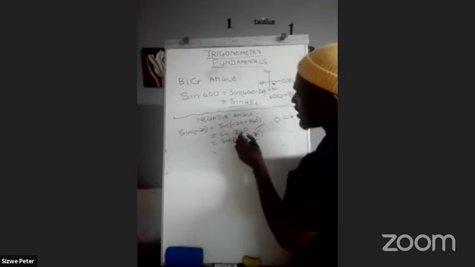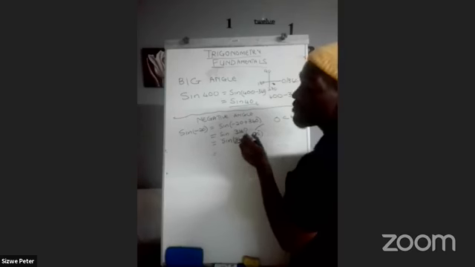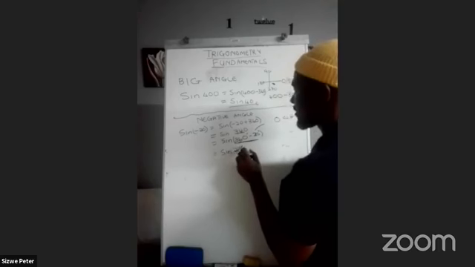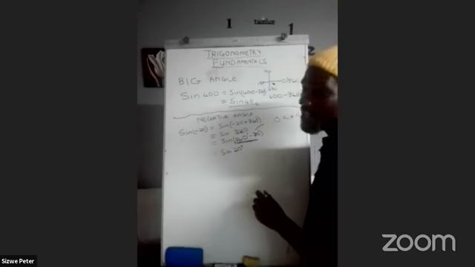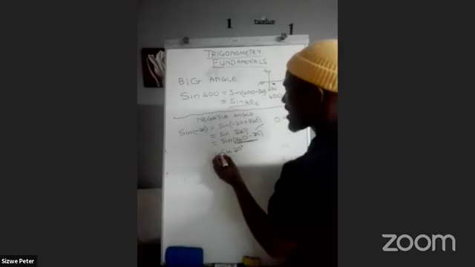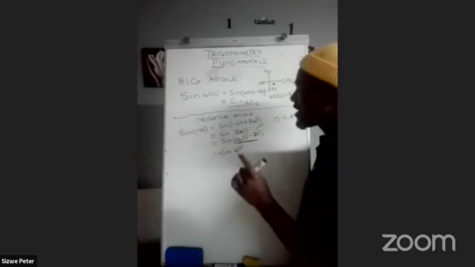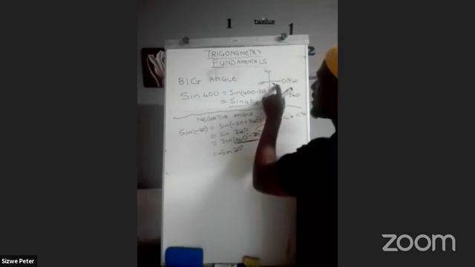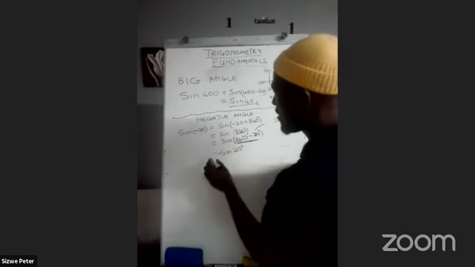Because it must give me back the same number. So this is sine 20 degrees, but it must be a negative sign. Do you know why negative sign? Because this is the fourth quadrant. You know sine is negative in the fourth quadrant. All right.